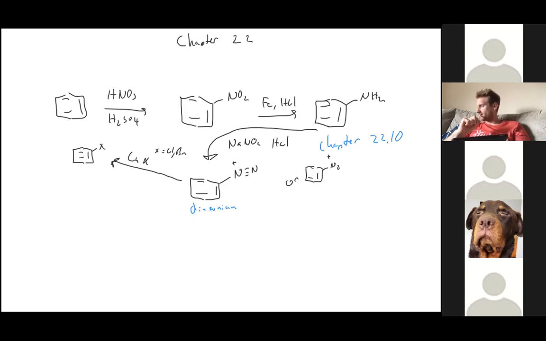Not that exciting. If we add in HBF4 and water, this lets us add a fluorine. And this is useful. This is our only way we know how to add fluorine to an aromatic ring. So I'm going to put a star next to this one.